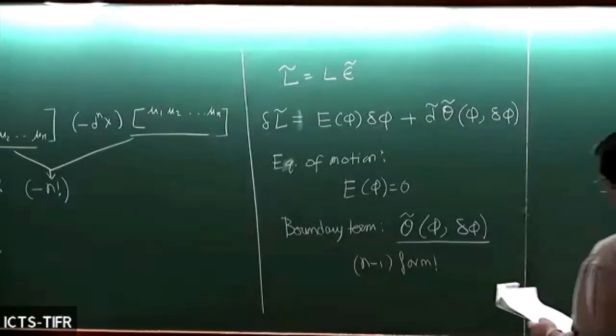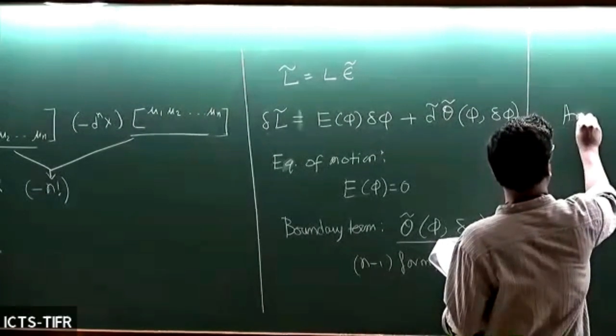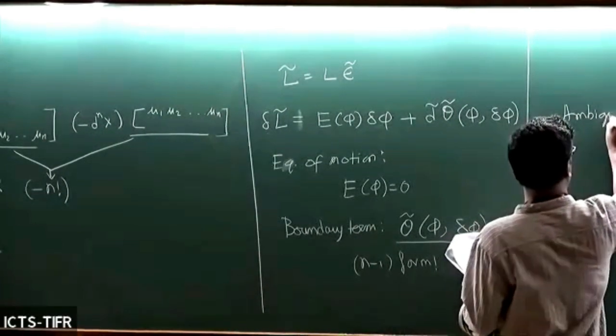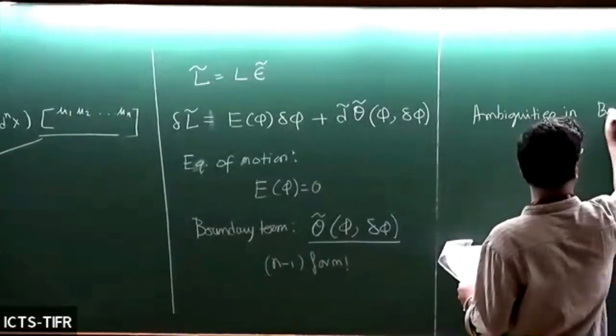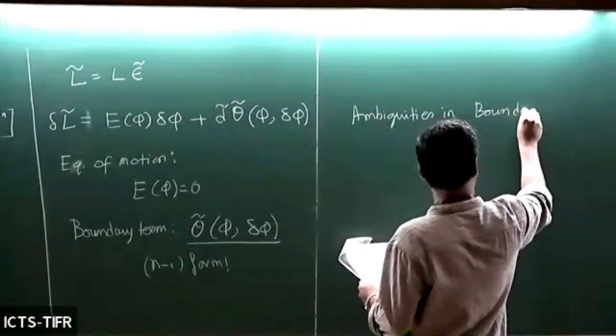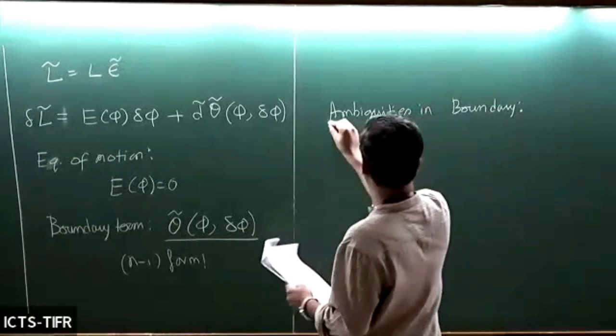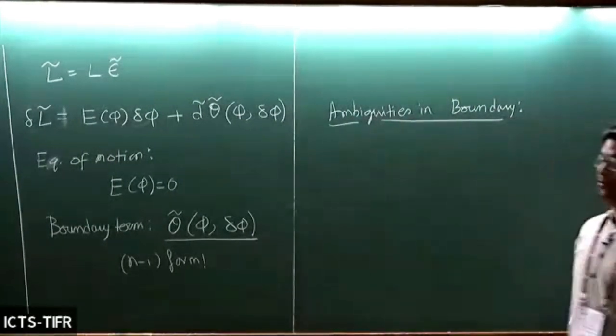So let's look at it. What are the ambiguities? Ambiguities in the boundary term. These ambiguities are very, very important ultimately in the construction of the Wald entropy.